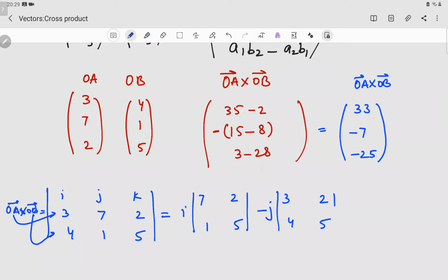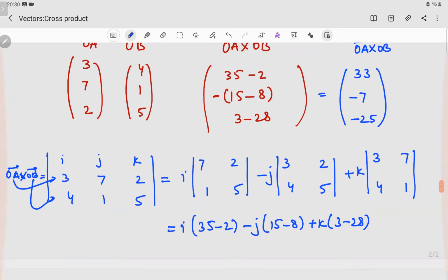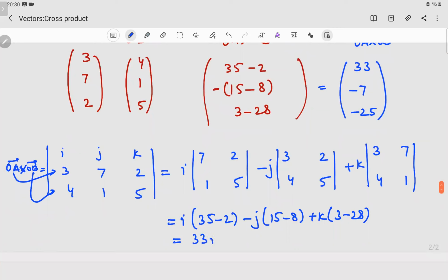I think you are quite expert in expanding the determinant like this. Okay. So this is how you can calculate.